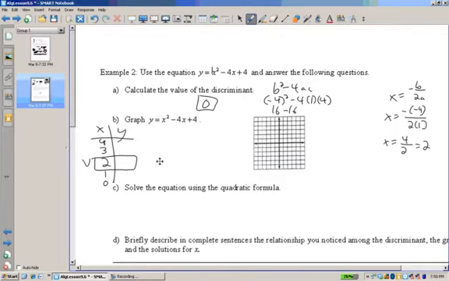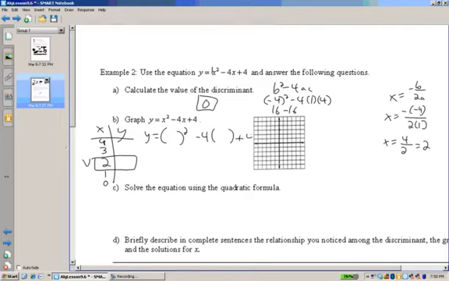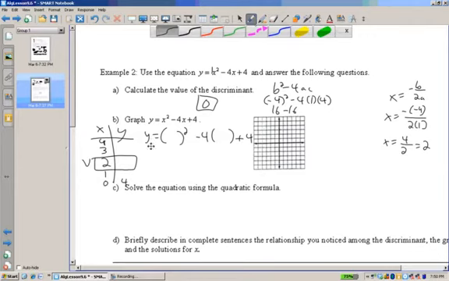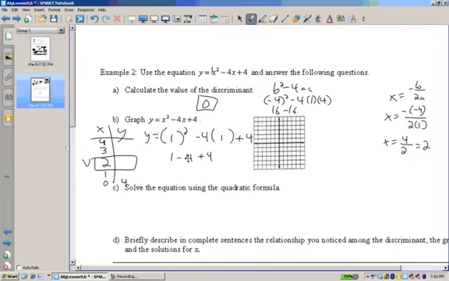Now let's go ahead and plug these in. 0 is always very easy to work with, so let's go ahead and plug in 0. That's 0 minus 0 is 0, plus 4 is 4. 1 is usually runner-up as far as easy to work with. 1 squared is 1 minus 4 plus 4. Negative 4 plus 4 is 0, plus 1 is 1.